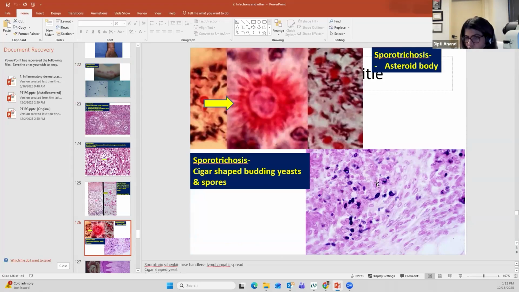So these are the organisms that you're looking for. This is a perfect example. We've never seen this many. Okay, so the asteroid body is a reaction pattern that you see in response to the organism, it is not the organism itself.